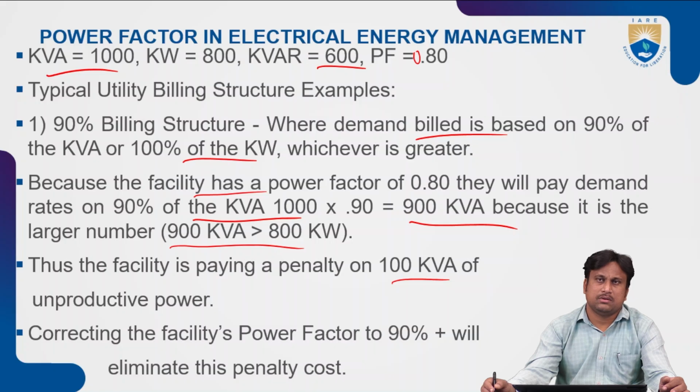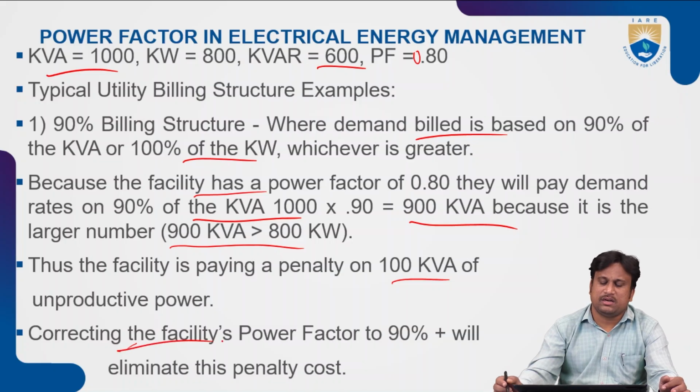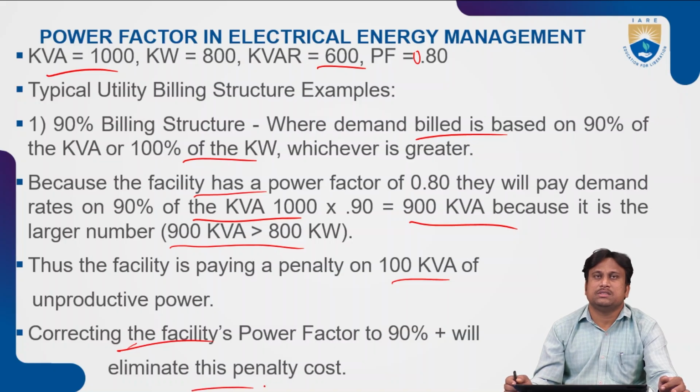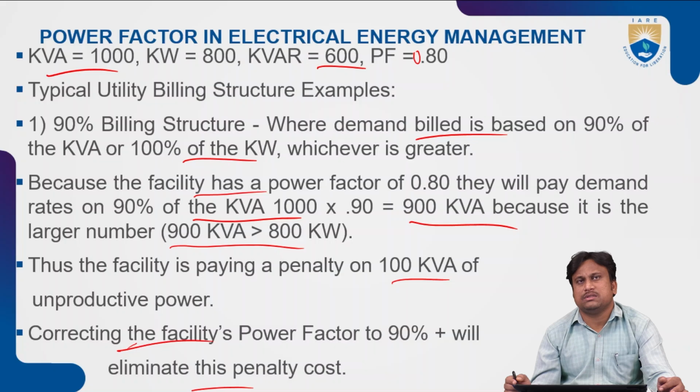So this will be the penalty charged on 100 kVA of unproductive power. Correcting the facility's power factor to 90% would eliminate this penalty cost. This may be treated as one of the simplest conditions to deal with in power system networks.